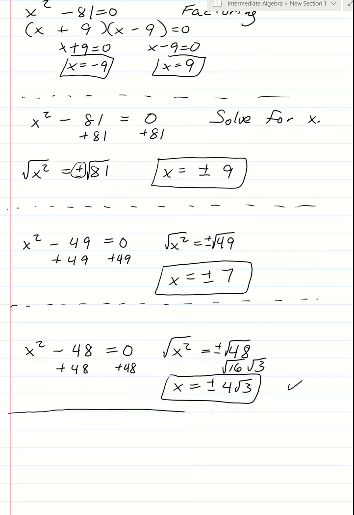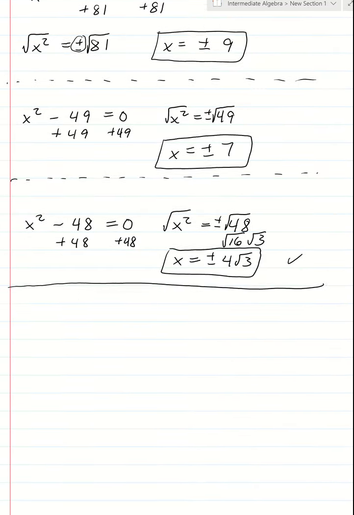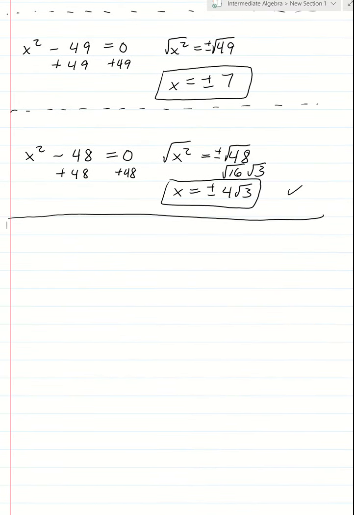So here we didn't have much choice. We had to use the square root method because the original equation was not factorable. Let's do another one. Let's say we have x squared minus 20 equals 0.